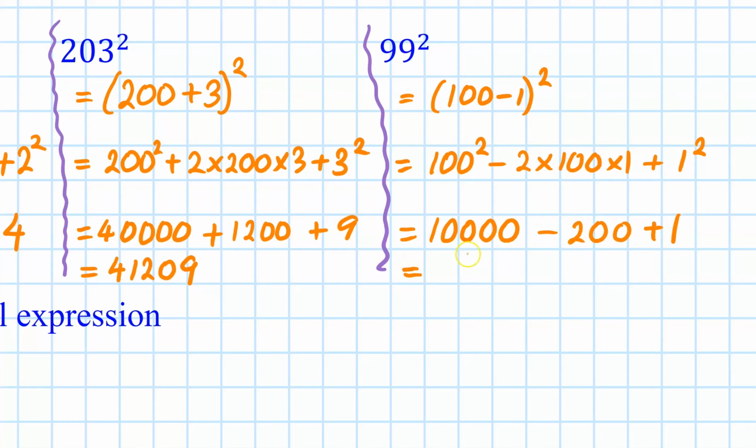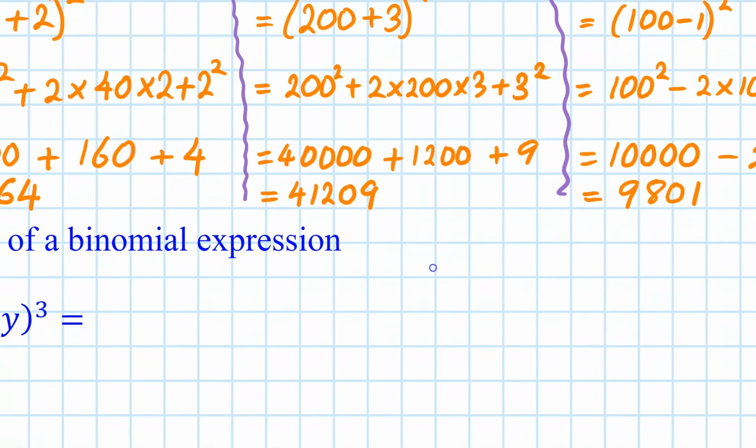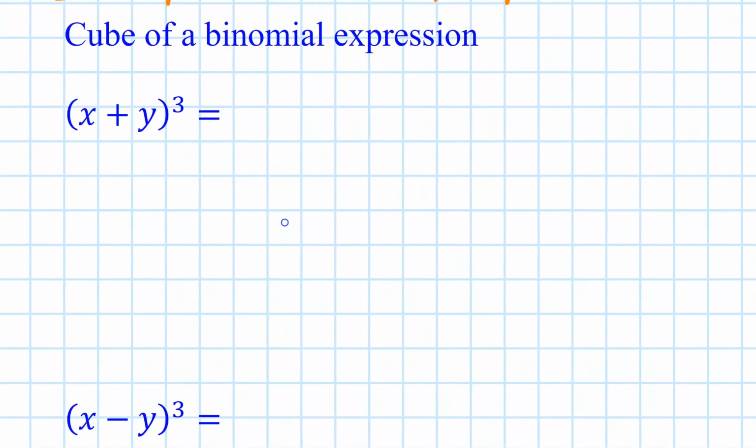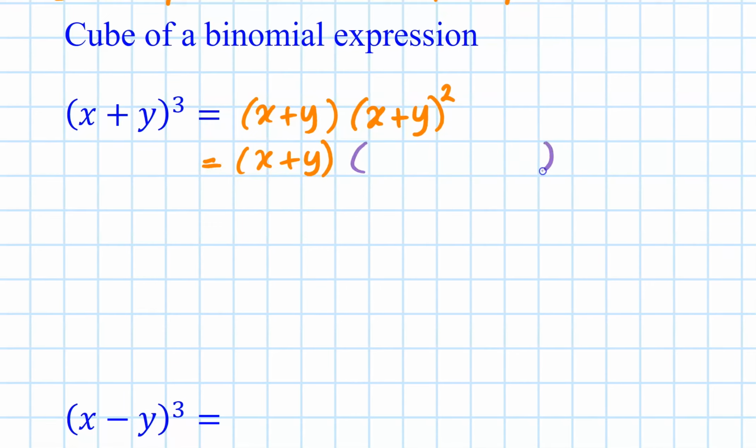That's 9,800, or 9,800 plus 1, 9,801. Okay, so we've done that. Now we are going to look at the cube of a binomial expression. We can write this as x plus y times x plus y squared, where we know x plus y squared.